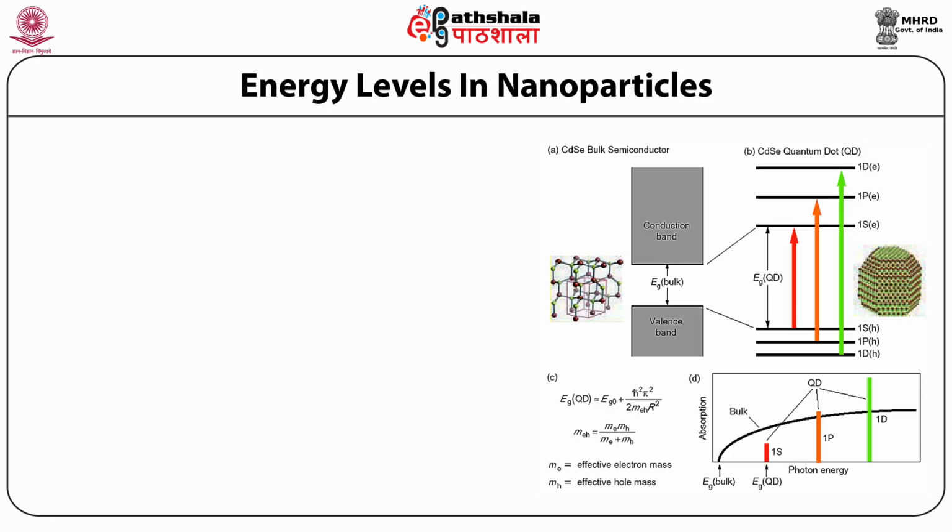Now if we make a quantum dot of it, that is the cadmium selenide quantum dot, then the energy gap between the energy levels increases as shown in this figure, and the energy gap for a quantum dot equals Eg naught plus h cut square pi square by 2 mu R square, where mu equals Me multiplied by Mh divided by Me plus Mh, where Me is the effective electron mass and Mh is the effective hole mass.